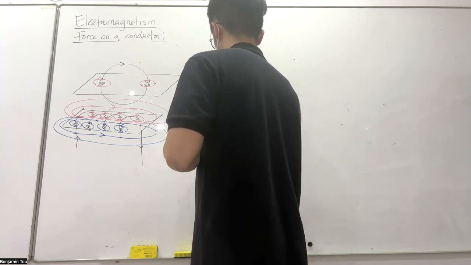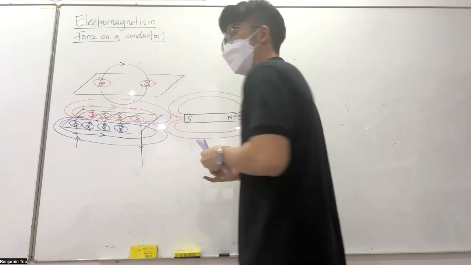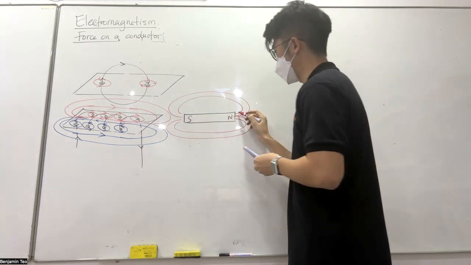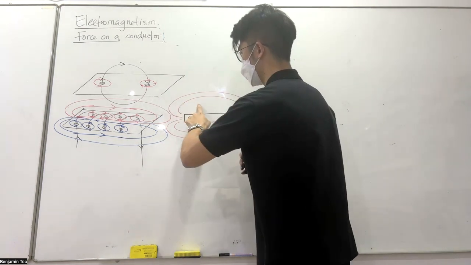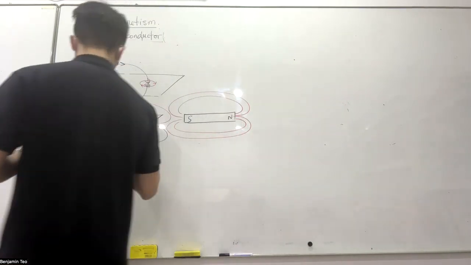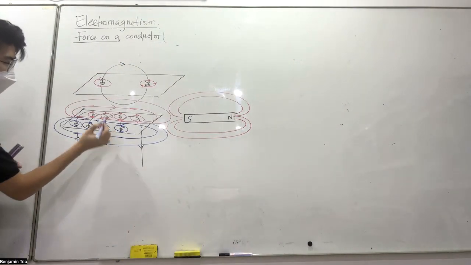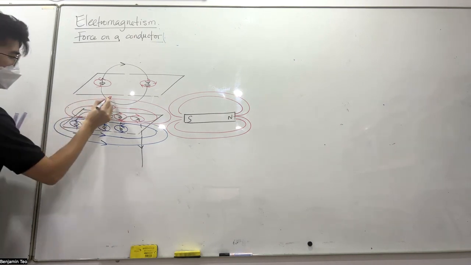去 south，north 去 south。你的 line 不可以 intersect，不可以 cross 到，不可以 touch 到。So this is this one, right? You see the arrow, one is going in this direction, this one is going in this direction.